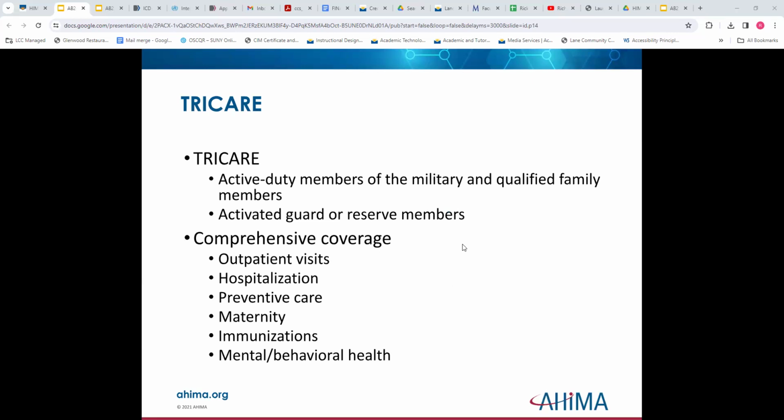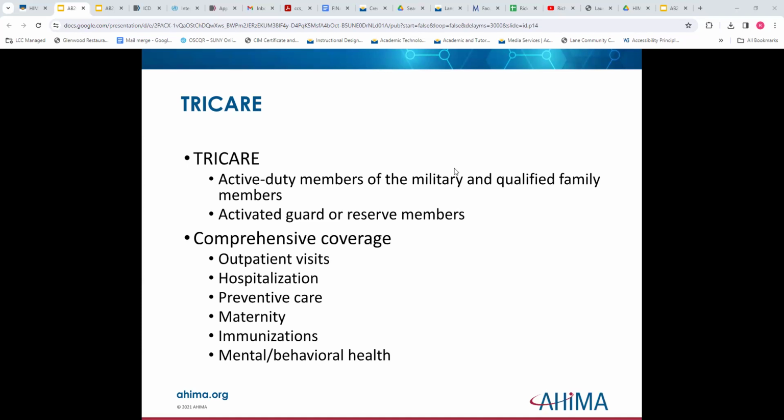TRICARE is yet another government-sponsored program, and this covers active duty members of the military and certain qualifying family members. This also extends to National Guard and military reserve members.